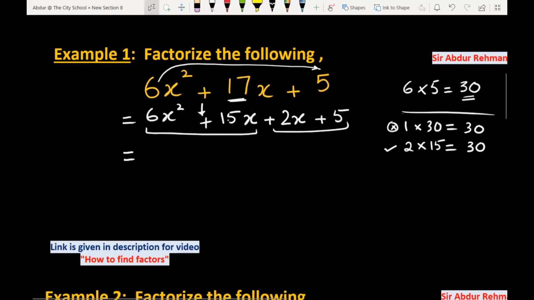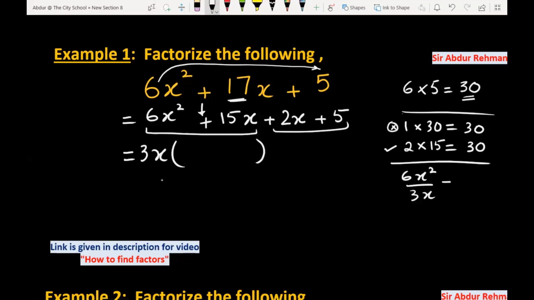I'm going to write 3x bracket. And in the bracket, what will you do? You have to divide 6x squared by 3x. When you divide 6x squared by 3x, you will get 2x, since 3 times 2 is 6 and x cancels. So write down 2x here.